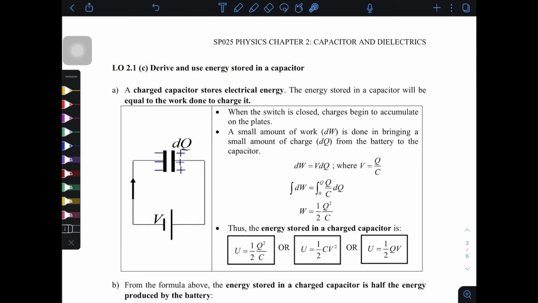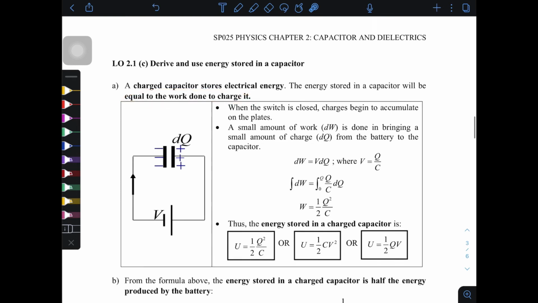Store charge, it can store energy. Okay. So a charged capacitor stores electrical energy. Okay. Capacitor yang dah di-charge, dia boleh store electrical energy. The energy stored in a capacitor will be equal to work done to charge it. Okay, so how we want to get the equation?